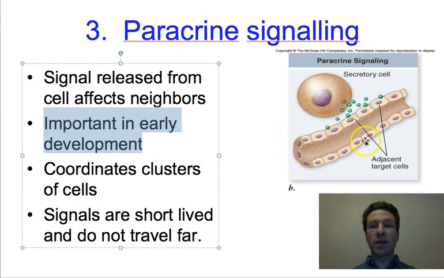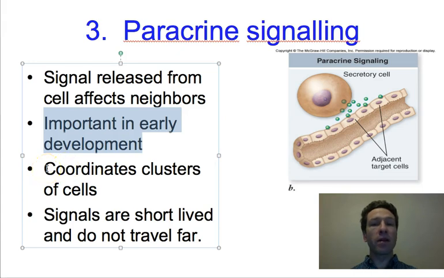And so by these cells signaling to each other, they can say, I'm already developing into some type and you need to develop into a different type of cell. Or conversely, they can say, we're all developing into the same kind of cell, you need to develop into this kind of cell as well.